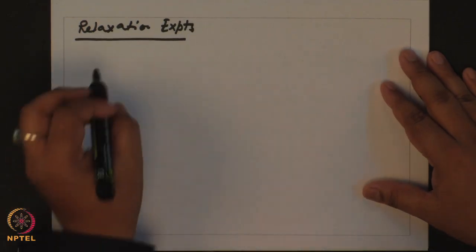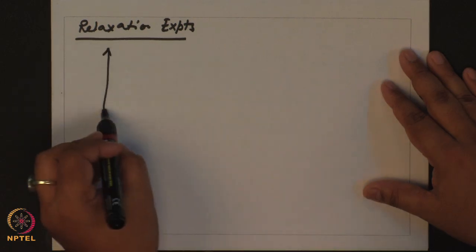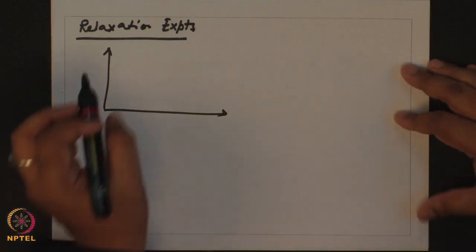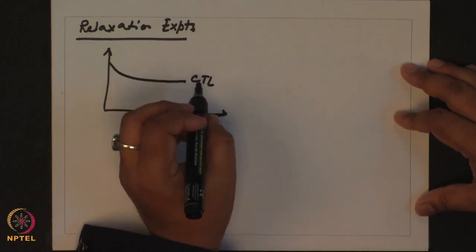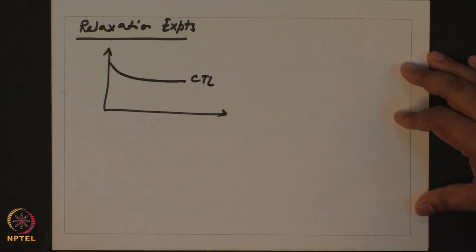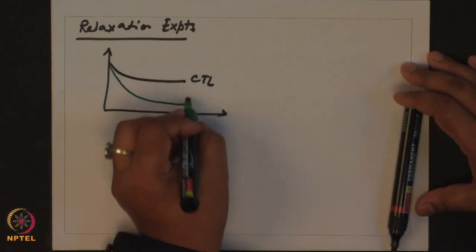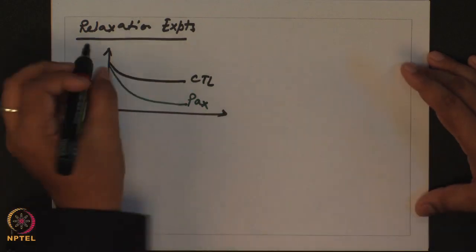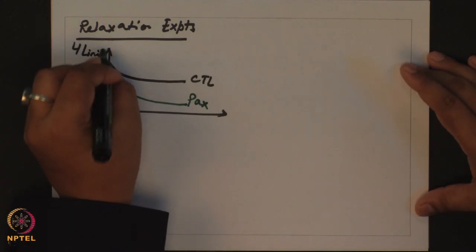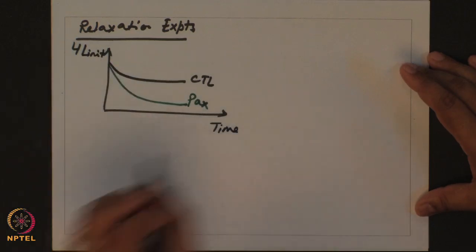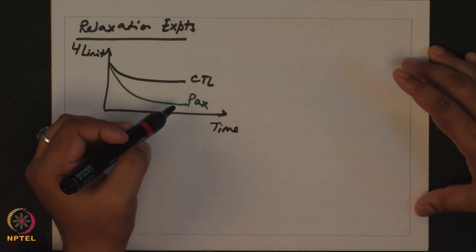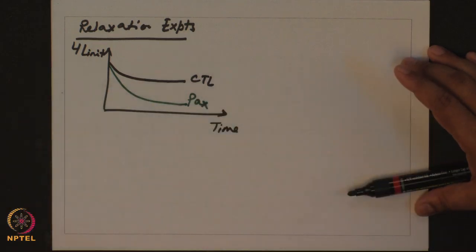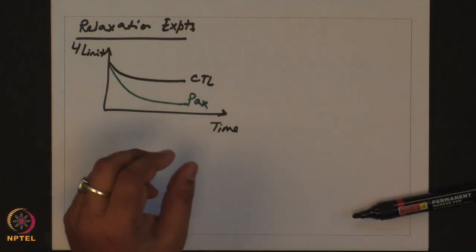And what was observed? If this was the curve for control cells, when you overexpress paxillin, so this is L by L init, this is time. They relaxed by a large amount. So, you can track, and when they treated with blebbistatin, blebbistatin inhibits contractility.